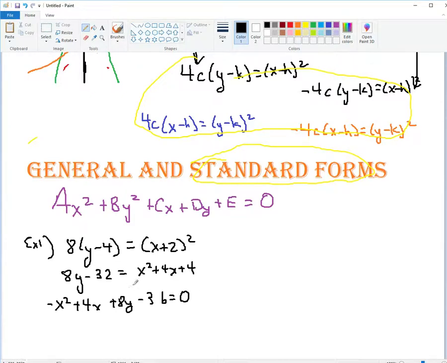There you go. That is the standard form equation converted to general form. Not too difficult, it's just expanding out the brackets. So let's do one going the other way quickly, and then I can send you off to do some work.